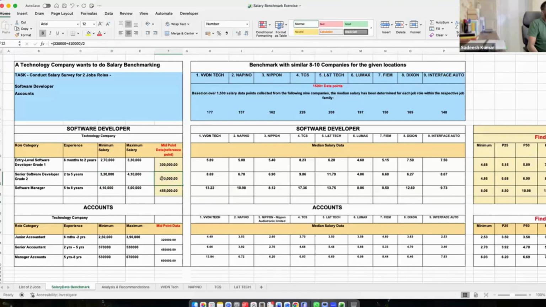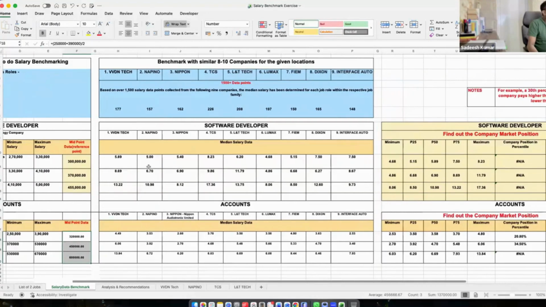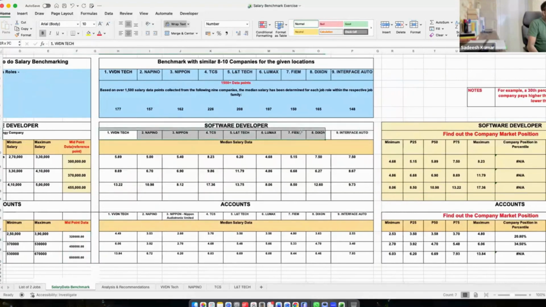The same formula was done to find the accounts department's midpoint salary data. Then we were given 9 companies' median salary data from the market survey. This 5.89 means it is in lakhs, whereas this is already in lakhs.